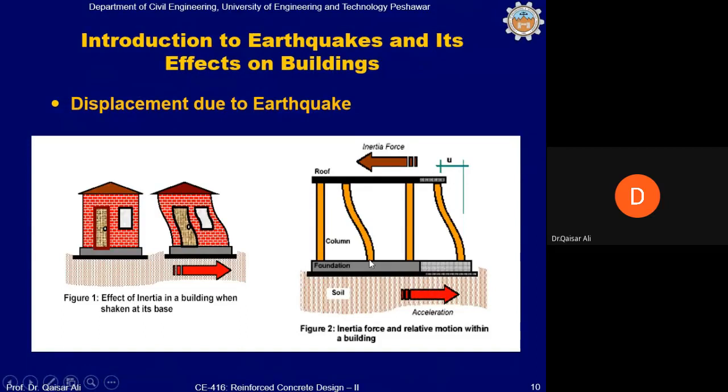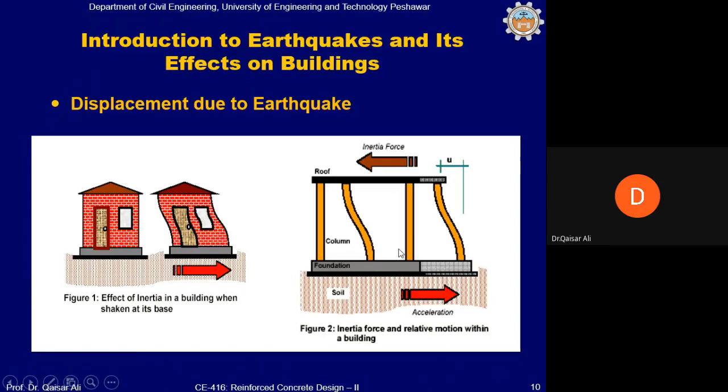However, when this movement is transferred to the roof level, due to inertia, the roof will not move by the same displacement, also because the roof is attached to the foundation through relatively flexible elements.